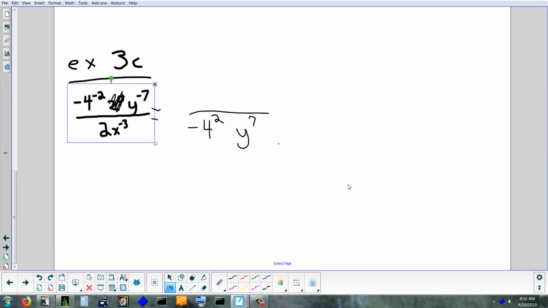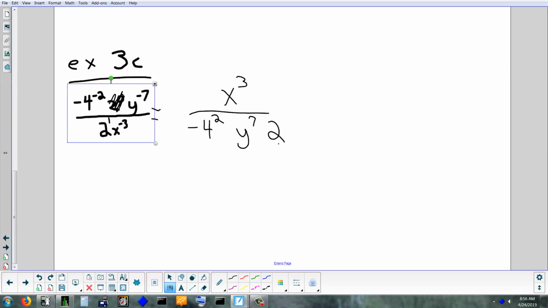Remember, the 2 has an exponent of 1, so 1 is positive. I don't need to move this. I can just leave it as 2 on the bottom. But I agree with the other part of what Nicole said. The x to the -3 needs to move from the bottom to the top. Right there. Alright? So I did that.